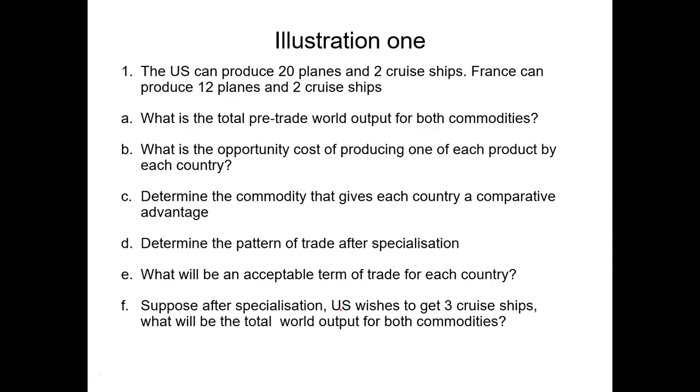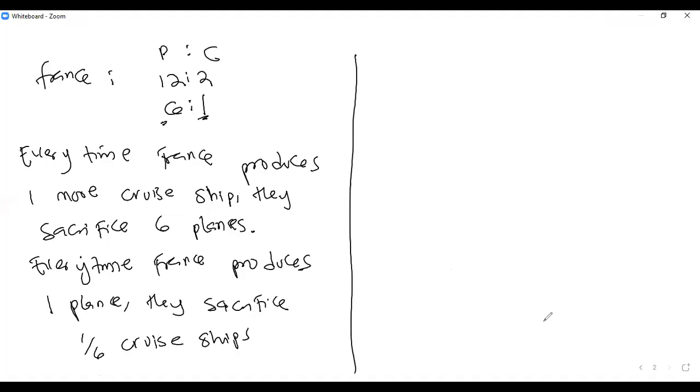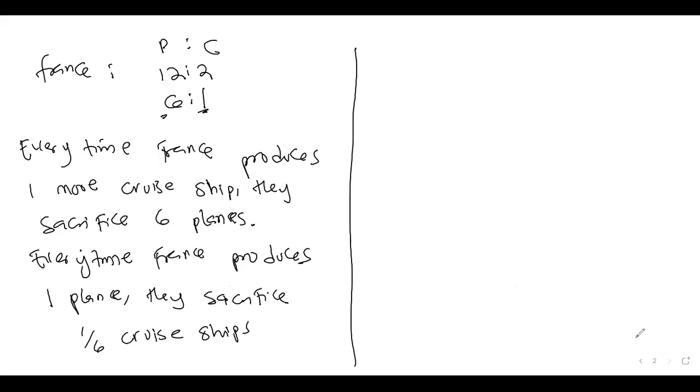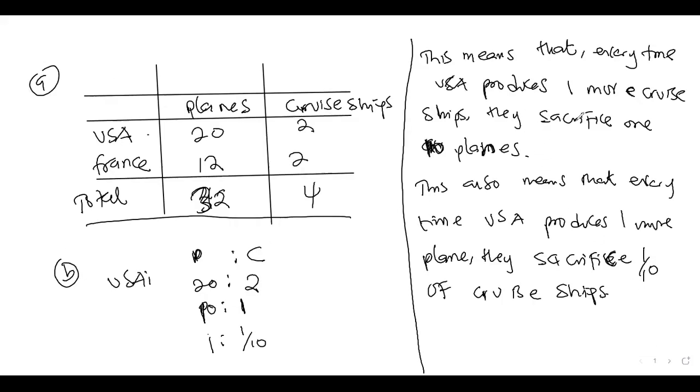So let's go back to our solution here. We are going to compare the cost of producing cruise ships in US as compared to the cost of producing cruise ships in France. Whenever US produces one more cruise ship, they sacrifice 10 planes.